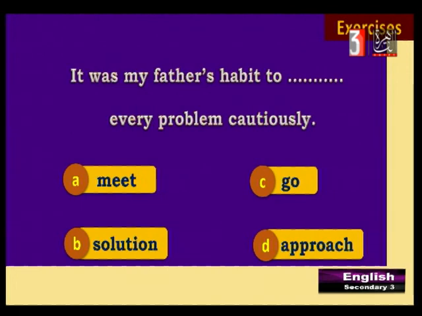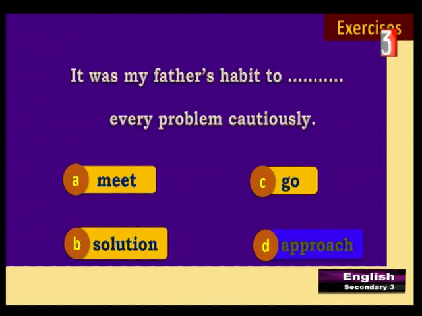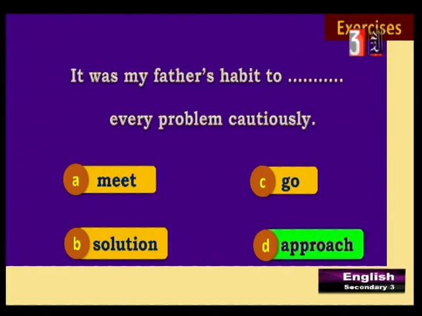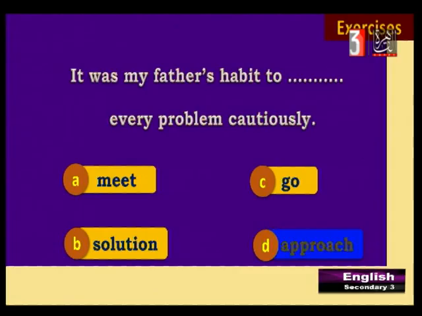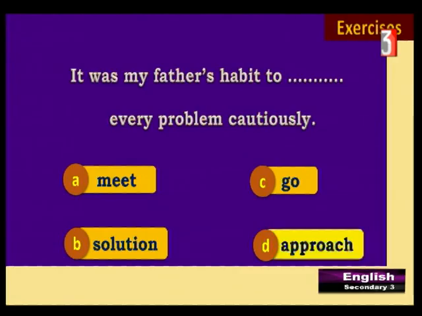Every problem cautiously, carefully. Very good. So the answer is approach. Approach every problem. So can you flash back, please, and double check your understanding? What's the meaning of approach? Approach is your view on doing something. Okay. So the answer is approach.